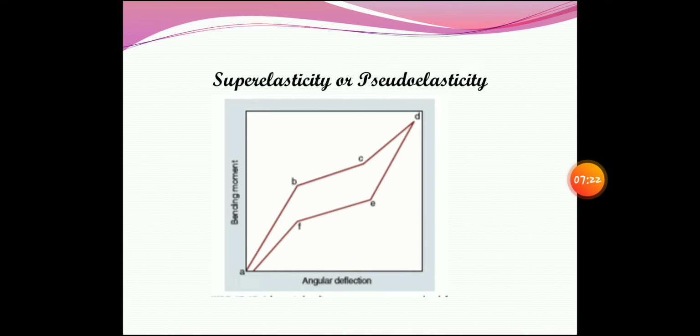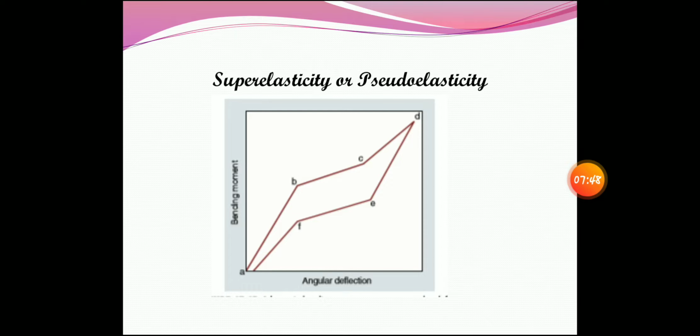This is followed by transformation back to the austenitic structure along E to F, and from F to G the elastic strain comes back to 0. So a small amount of permanent angular deflection remains in the wire because of the permanent deformation induced, and that is called superelasticity or pseudoelasticity.